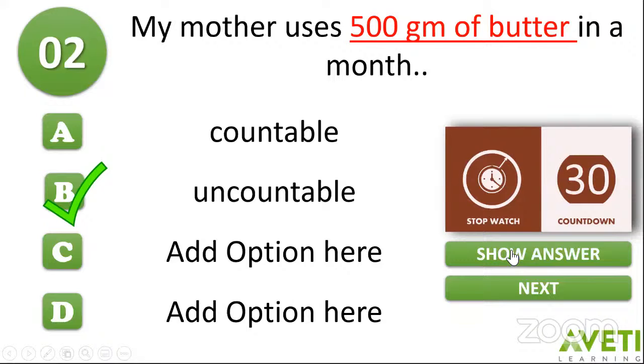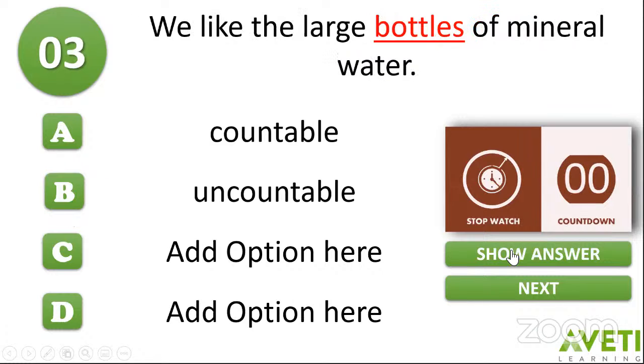It is a mass. Since it shows its weight, butter still remains uncountable. 500 grams is only giving you the weight of butter. So all those children who have typed in B, very well done, that's the right answer.